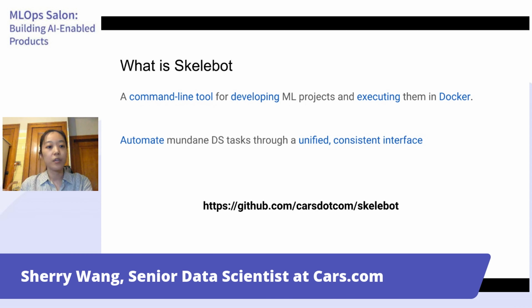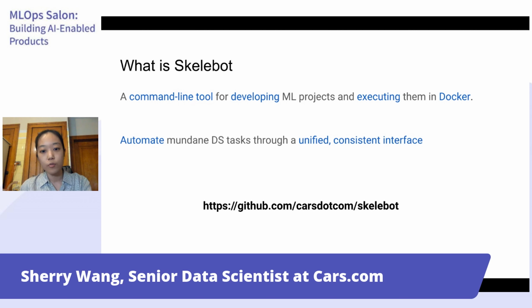It's pretty much a command line tool that we use to develop and execute all our machine learning projects in Docker. And like I mentioned, the main reason for that is we want to automate a lot of these repetitive tasks we do every day. We also want to do it in a unified and consistent interface.